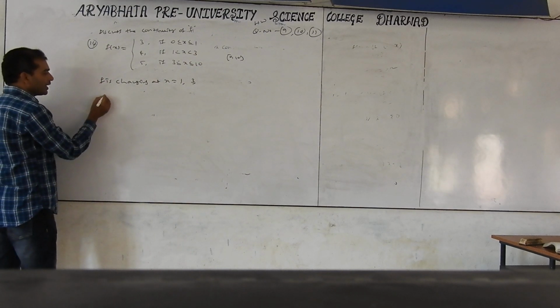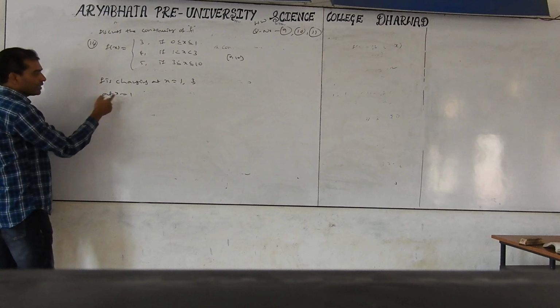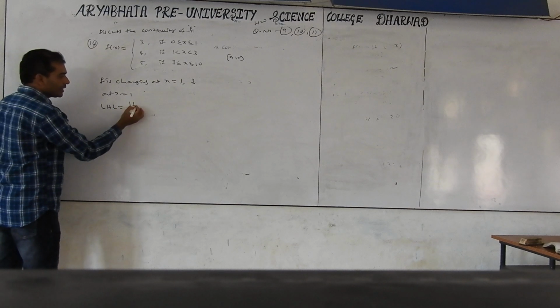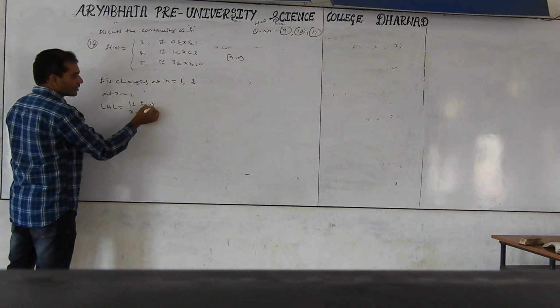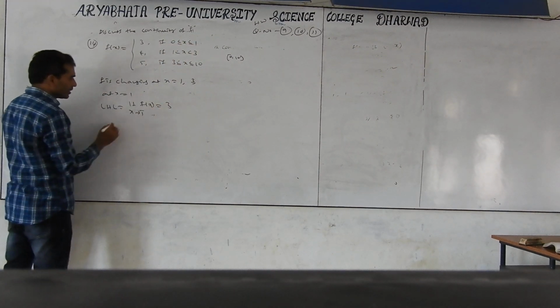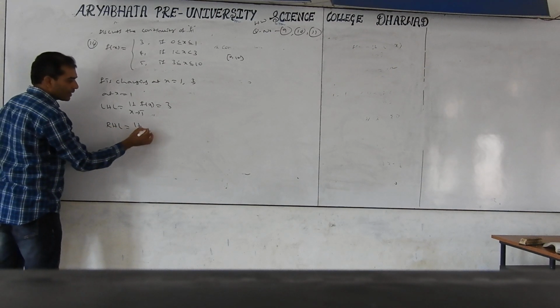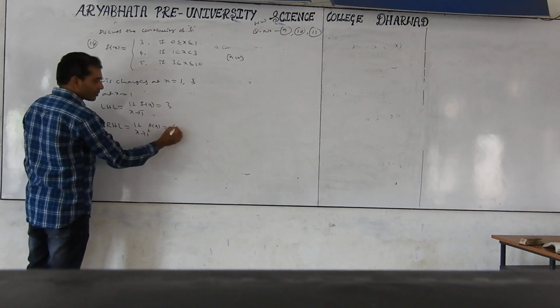Let's find the continuity at x equal to 1. Let's verify. LHL, limit x tends to 1 minus, below 1, is 3. RHL, limit of x tends to 1 plus f of x, above 1, is 4.